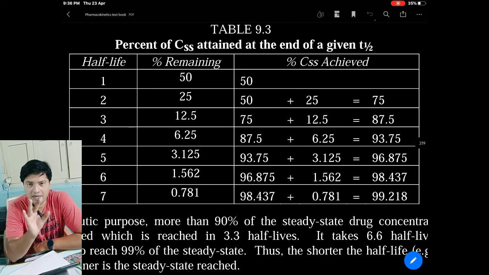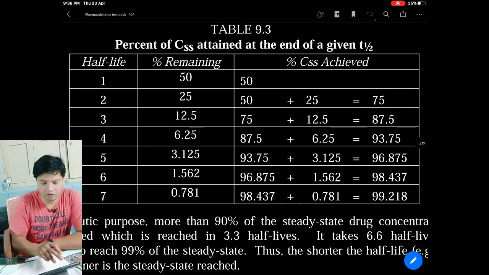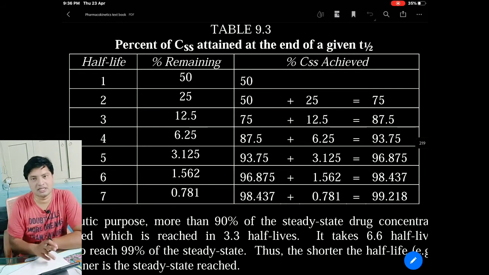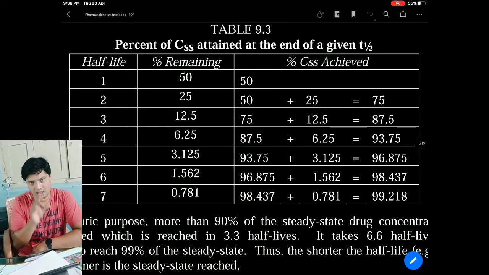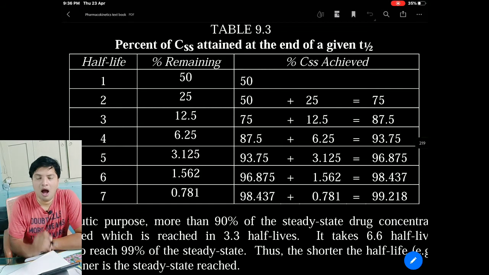Many people get confused. It is one half-life. Assume the drug has a half-life of 3 hours. Here 1 indicates 3, 2 indicates 6, 3 indicates 9, like that. It is a cycle of the half-life. So at the first half-life, you have given 100% of the drug.